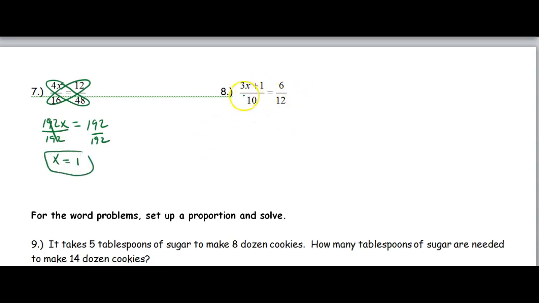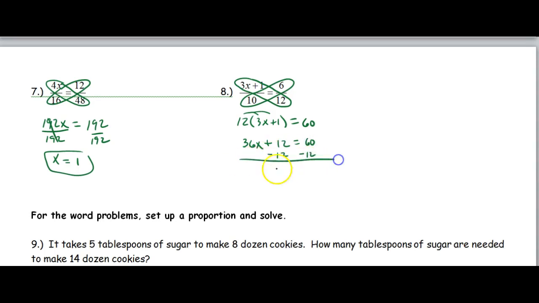Okay? Now, number 8. When I cross multiply here, again, I have to make sure I distribute. So, cross multiply here, you know you get 60. So now I can go ahead and distribute. 12 times 3x is 36x, plus 12 times 1 is 12, equals 60.